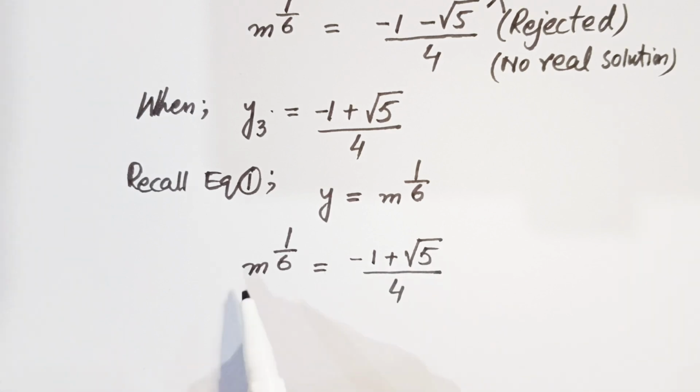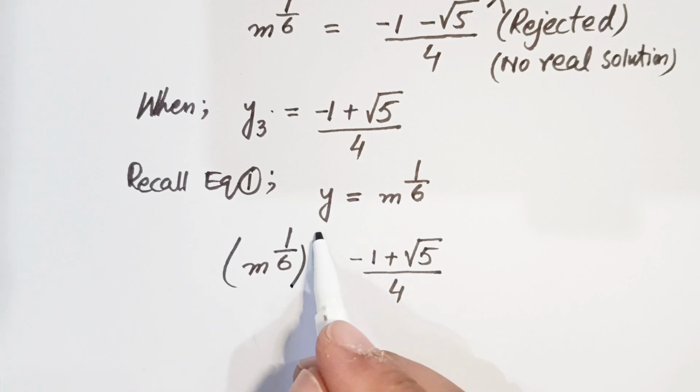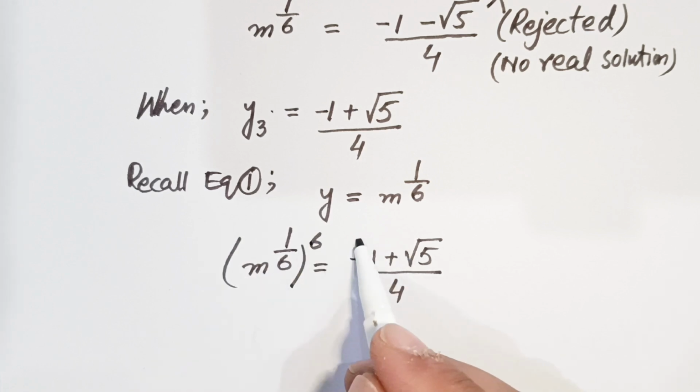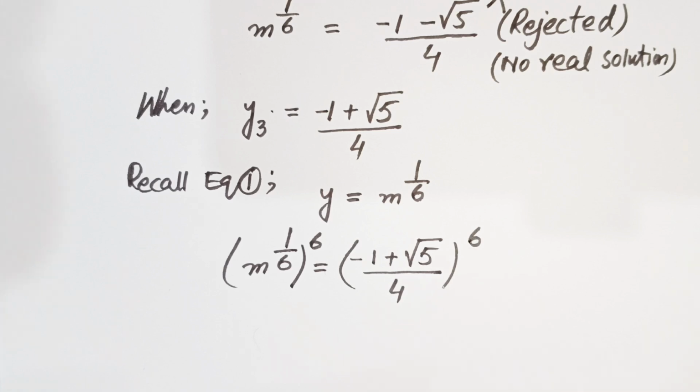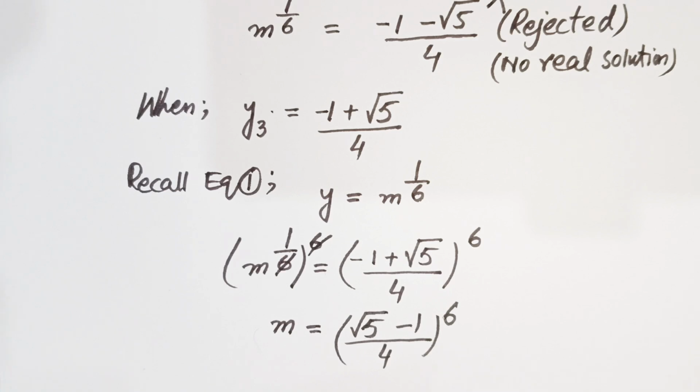So here if we take power 6 on both hand sides, then we just cancel out 6 with 6. So we have m is equal to square root of 5 minus 1 all over 4, whole to the power 6.